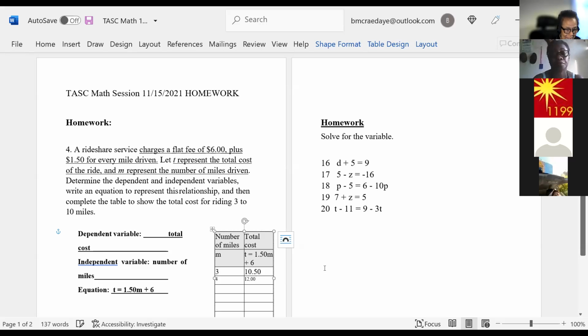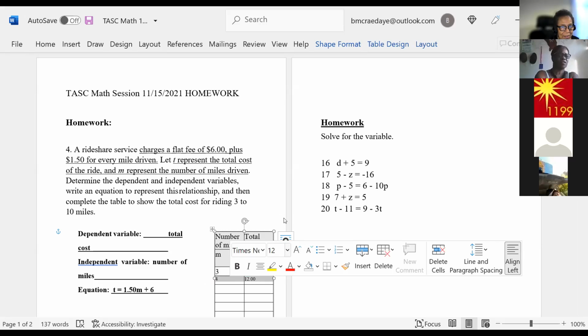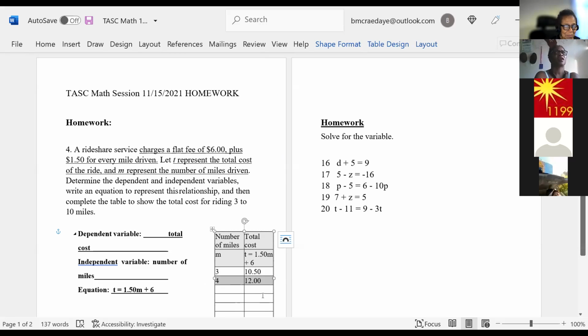That's right. Because notice, there's something you'll see here. How much is the total cost going up by each time? It's going up by 1.50, right?